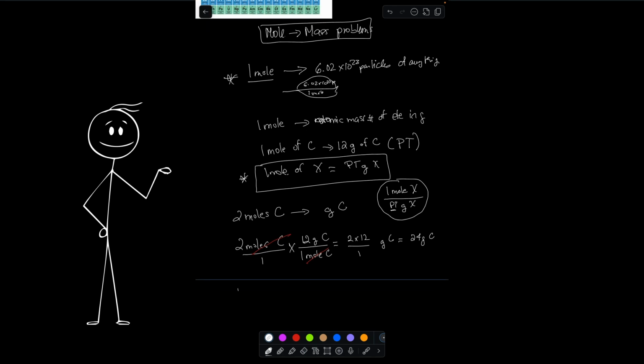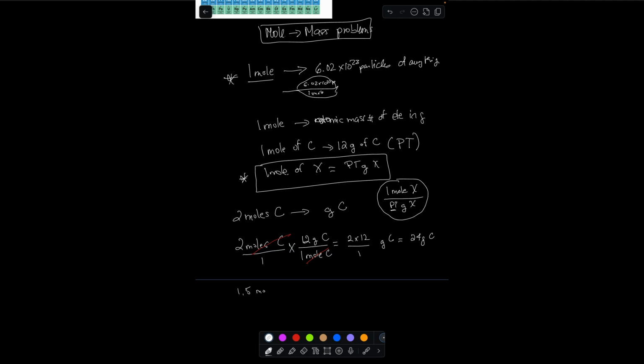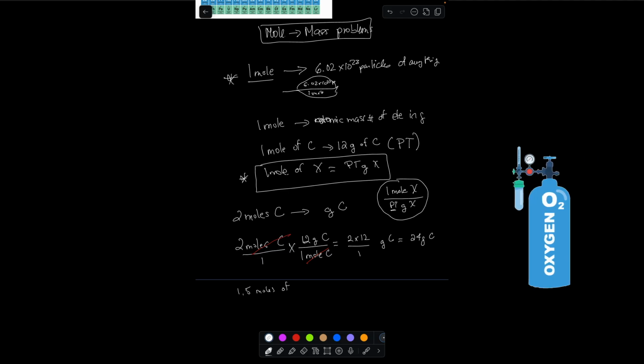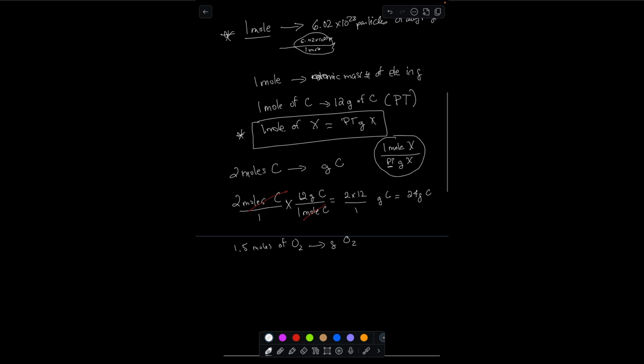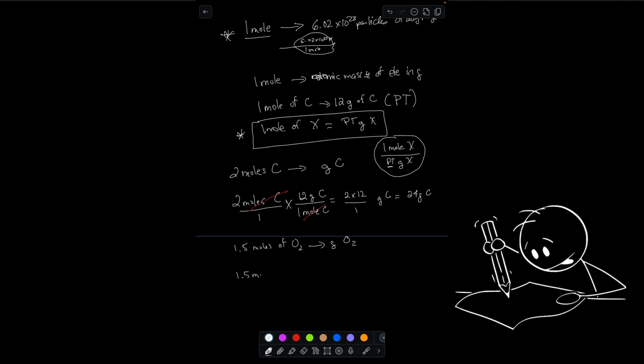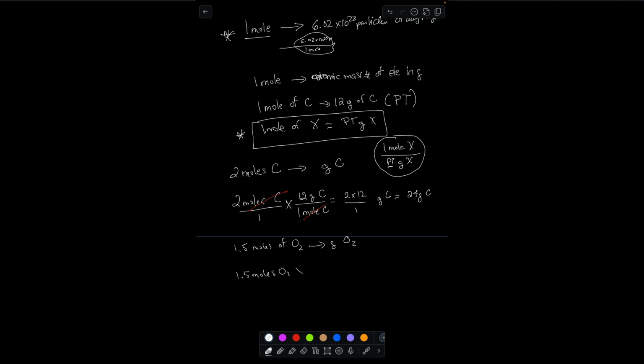Let's say that I wanted 1.5 moles of oxygen, and I want to turn that to grams of oxygen. Step 1. Start with what's given to us. What do we know? Well, we know we have 1.5 moles of oxygen. And we're going to have to multiply that by a calculator. Okay?